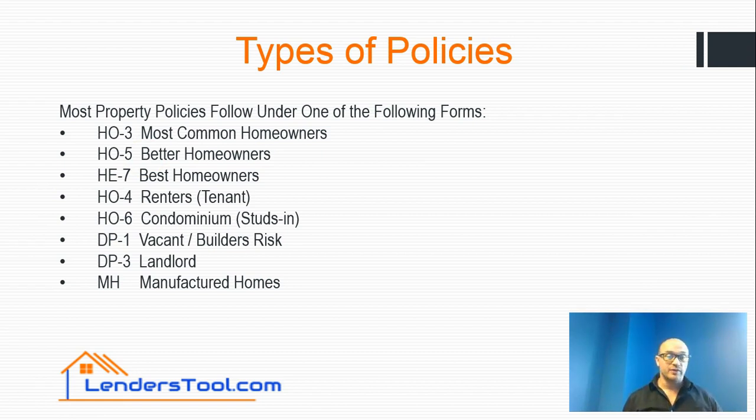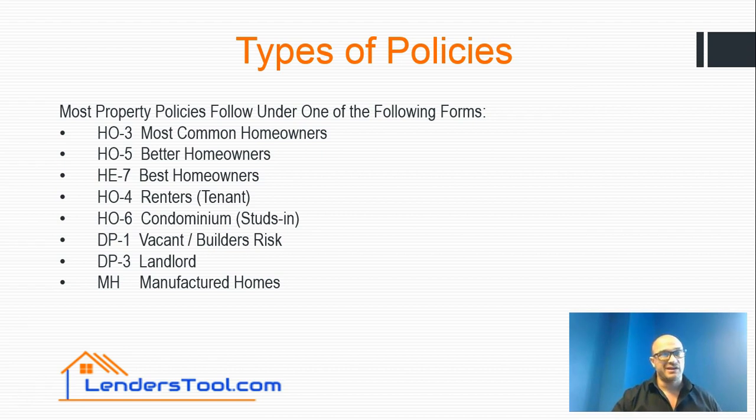There's a couple of them out there that do, but for the most part, we're going to write either an HO3 or an HE7. Typically speaking, I can get an HE7 for a client cheaper than I can get an HO5. So we don't write HO5s very often. It's typically going to be an HO3 or an HE7. We'll get into that in a moment, comparing all these different types.